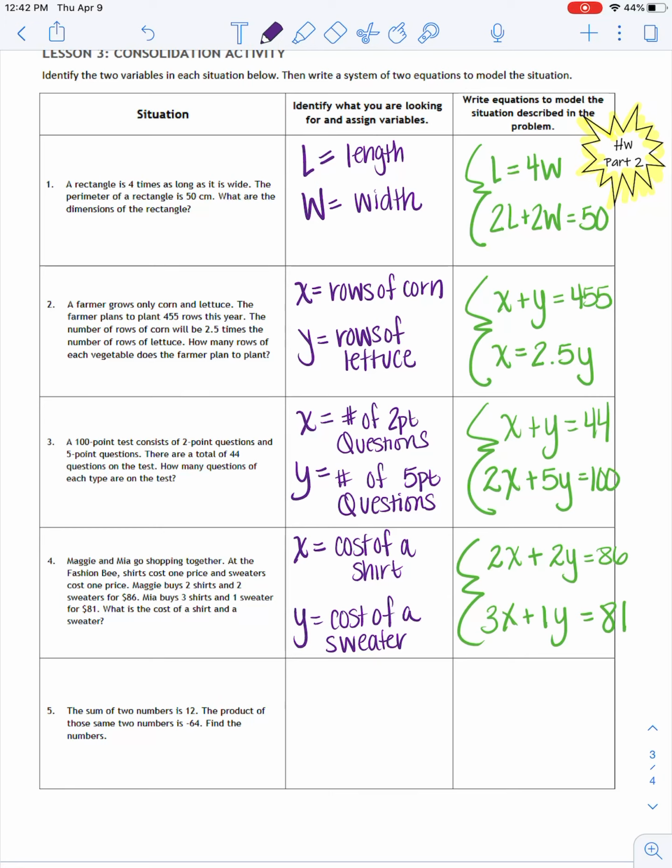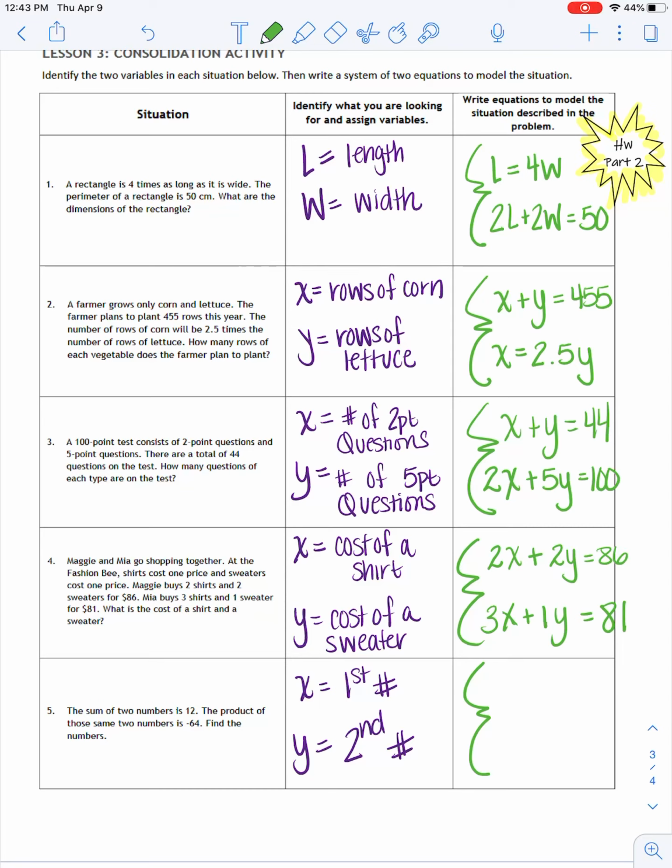Number 5, the sum of 2 numbers is 12. The product of those same 2 numbers is negative 64. Find the numbers. So X is the first number and Y is the second number. Okay, so the sum of 2 numbers is 12.